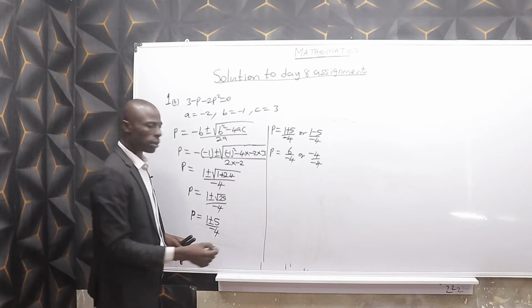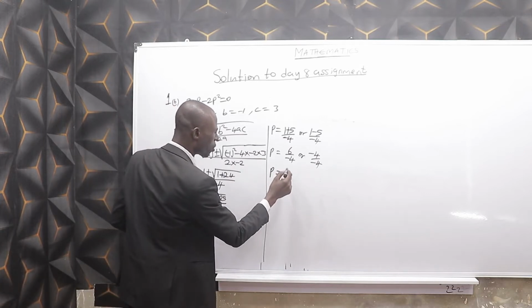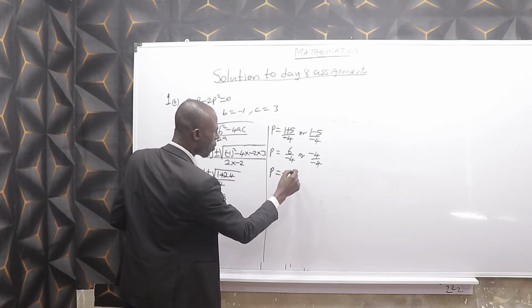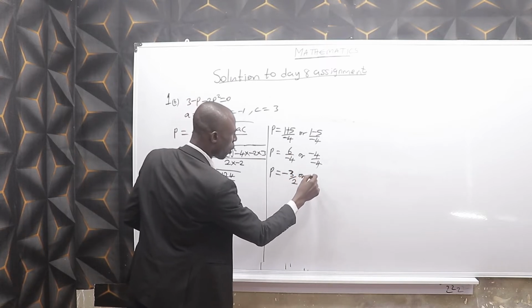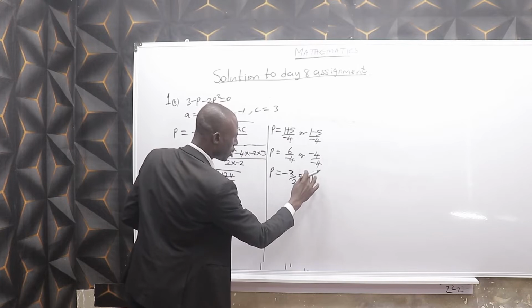I hope you are following. So p equals minus 3 over 2 or plus 1.